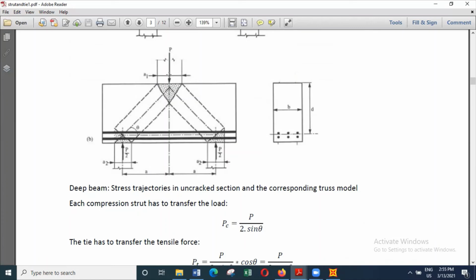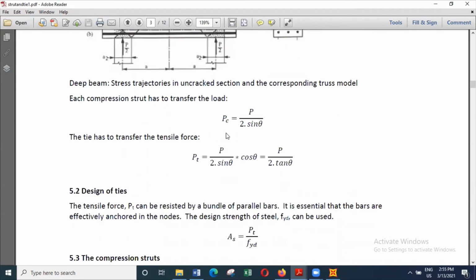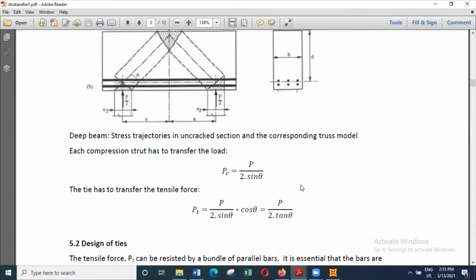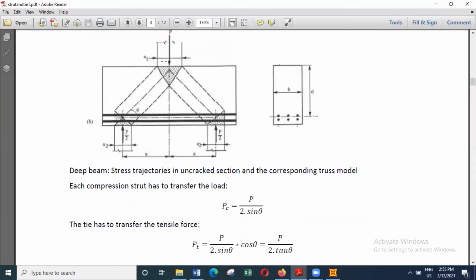The load is P. The stress here is P divided by A1 times B. And if you look at the stress in the strut, that is also P divided by B times A1. So which means here you get a stress and an equal stress this way and an equal stress this way. So in this particular strut location, you will see that all the forces are compressive and the compressive stresses are also equal.